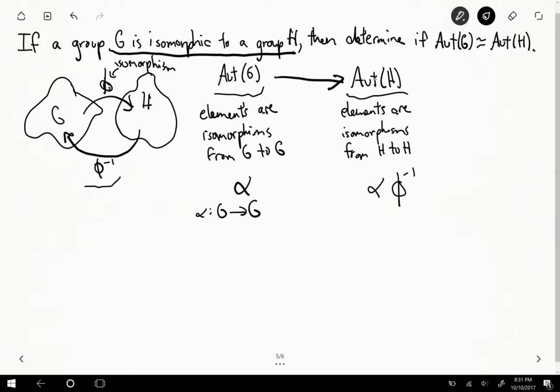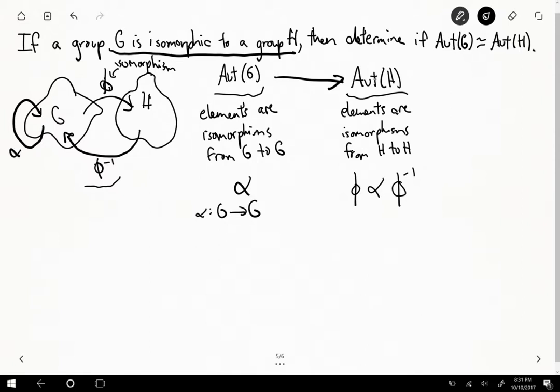Now what does alpha do? Alpha takes G into G, so we're still in G, but we want to map back into H. And if you notice, if we take phi, we're mapping right back into H. So we'll finish with phi. So basically what's happened is you've taken this phi inverse over here, and then once we're in G, we take alpha and it just loops right back around and stays in G.